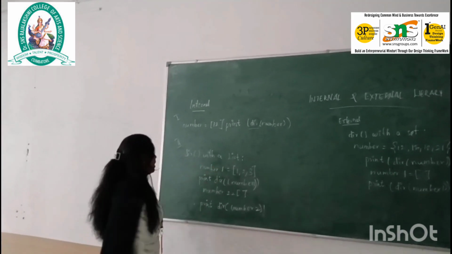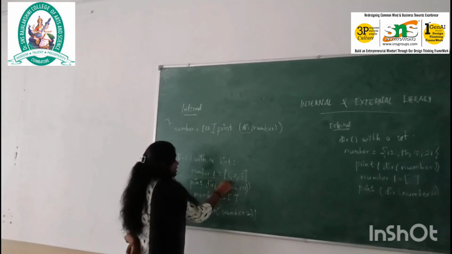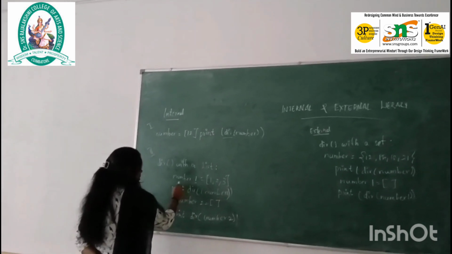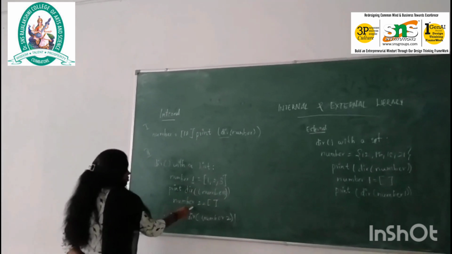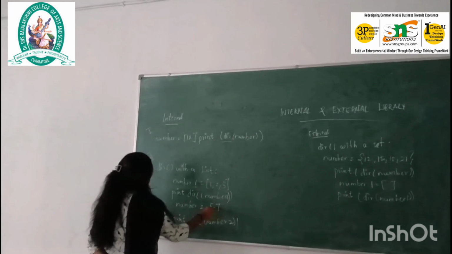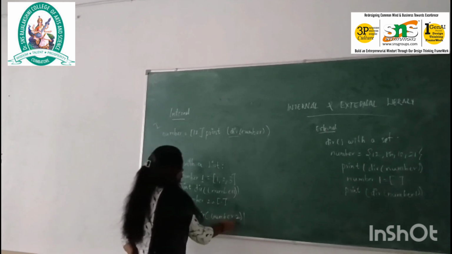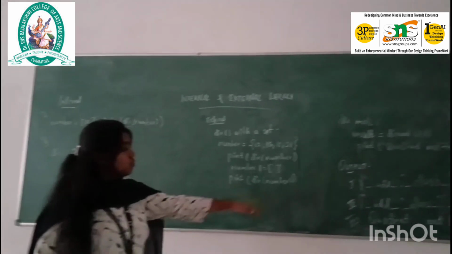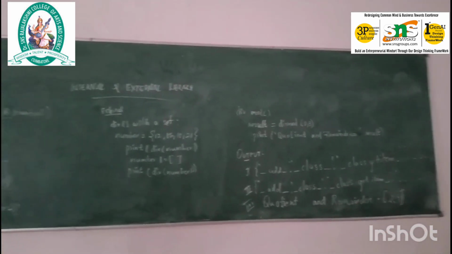You type dir, and number1 contains 1, 2 and 3, and print dir of number1. Number2 has no elements, and print dir of number2. The list and the second list are shown with attributes such as add, class and get item.